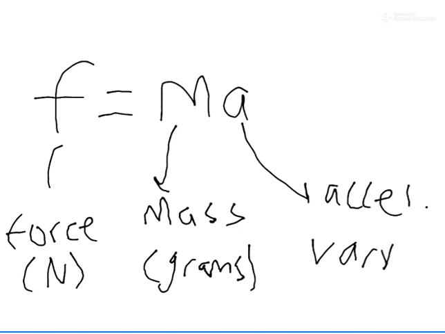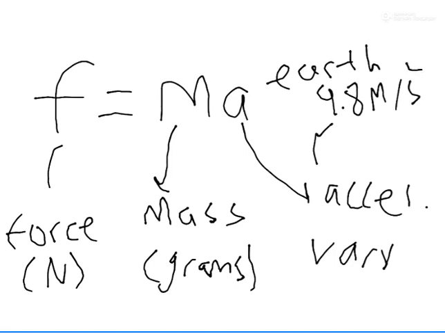So on Earth, it's 9.8 meters per second squared. If you're given just an equation about something free-falling, the acceleration would be 9.8 meters per second squared. But it varies, like we said, depending on what we're talking about.